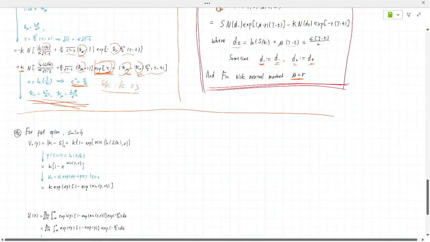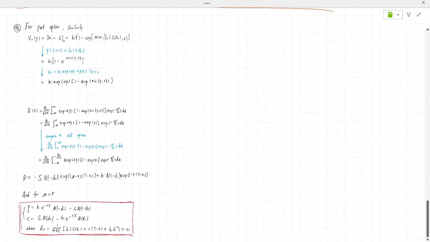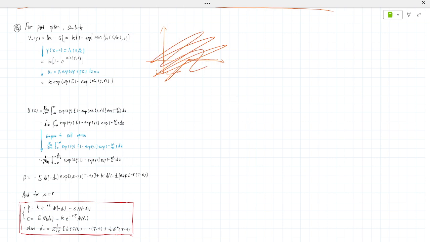and then similarly we can calculate the put option, which is like this. It doesn't go over zero, because stock never goes negative.